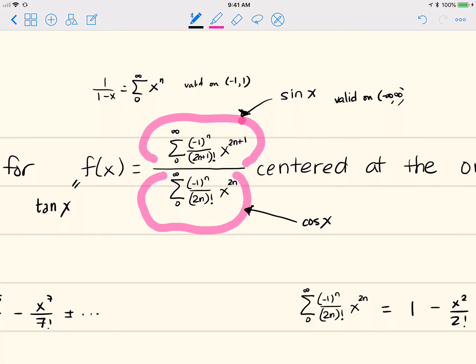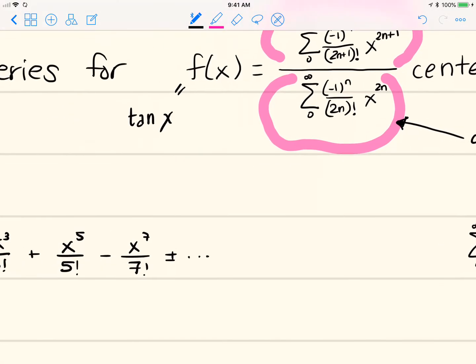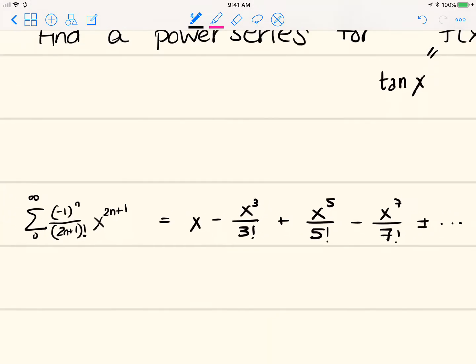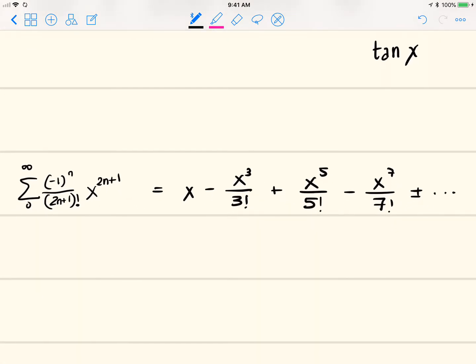Imagine if you knew the power series for sine of x and the power series for cosine of x, you could then figure out the power series for tangent of x by using long division on your power series. Okay, so as usual, the first step when we're dividing or multiplying power series is to write out the first few terms of the series that are involved.